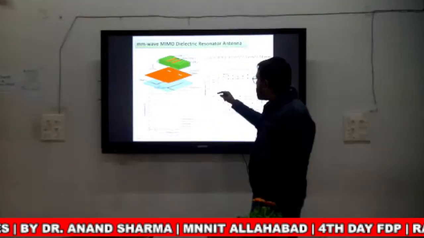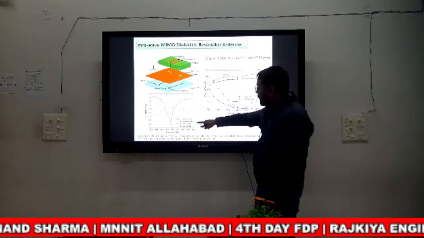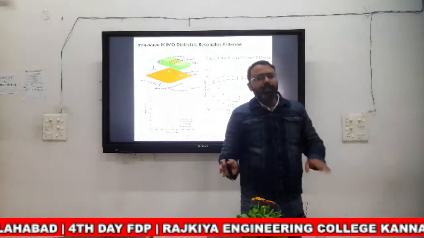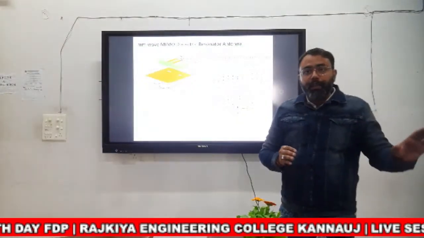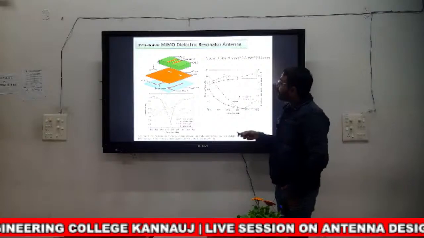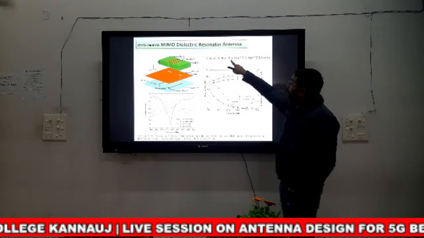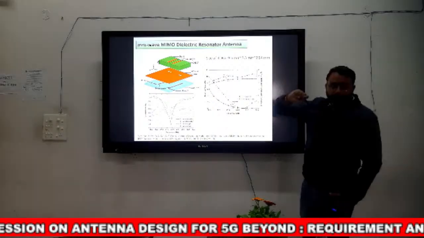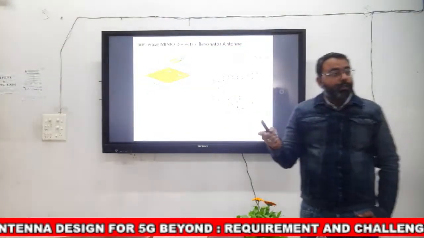If you see the structure, it is working at 28 gigahertz, which is not exactly the millimeter wave, it is a lower millimeter wave, you can say. In that case, the size of the antenna is very small, 9.5 mm into 7.5 into 2.54 mm.